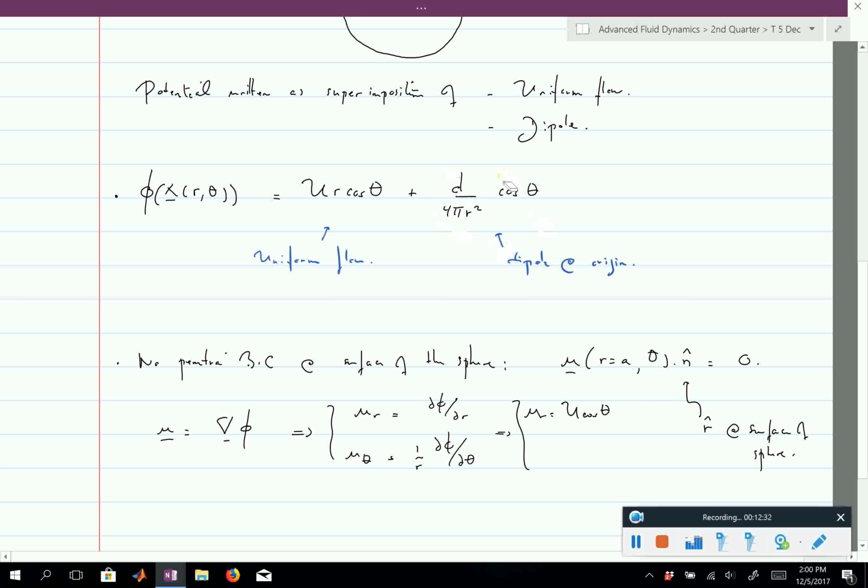And when I take the derivative with respect to r of this term here, it is minus 2d divided by 3 times 4 pi r cubed cosine theta.